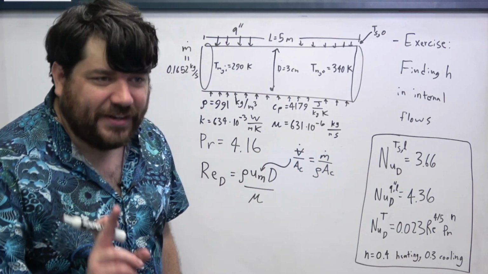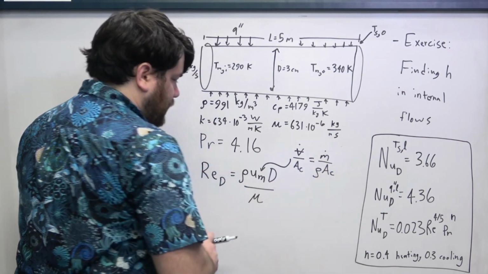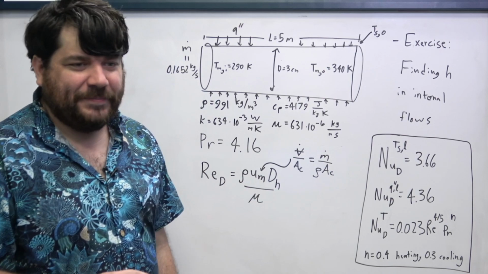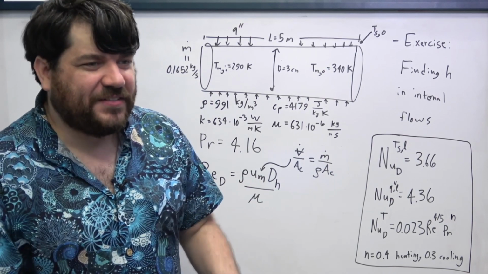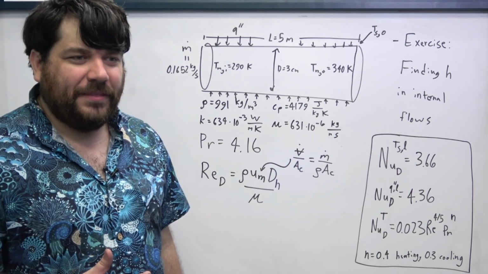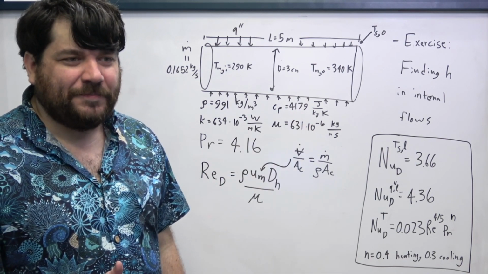Well, in that scenario, what you would construct is this thing called a hydraulic diameter, which is this kind of effective diameter. It's almost like an average distance between edges of the conduit, right?